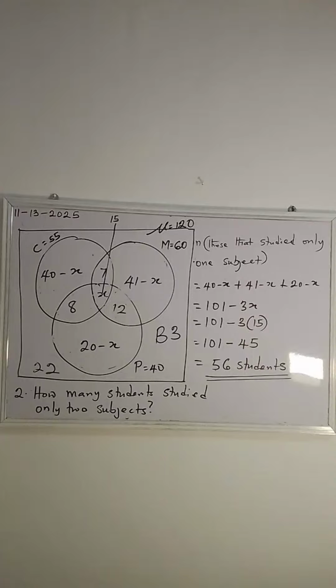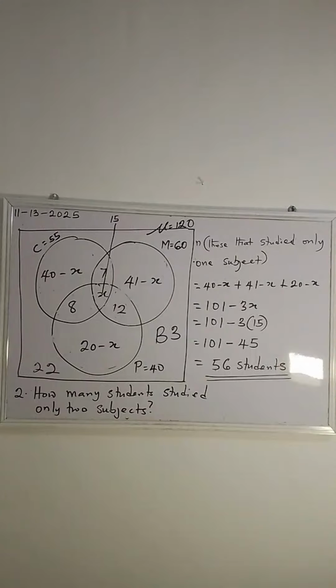Now let's wait for others. Okay. I can see Alabede 44 students. Yes. Anike 25. Aisha 27. Bamidele 27. Okay. So 27 students study only 2 subjects.